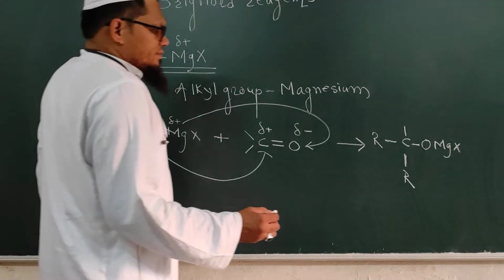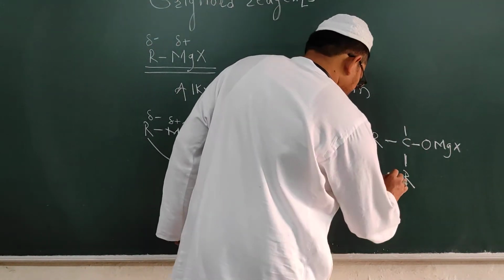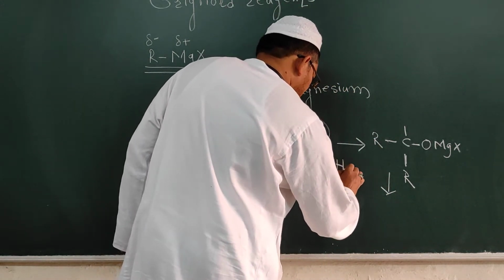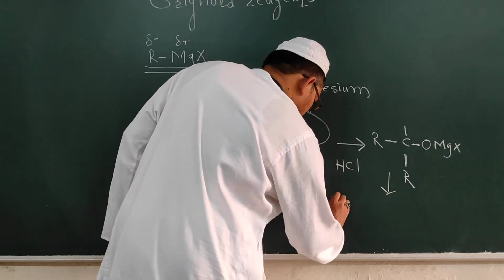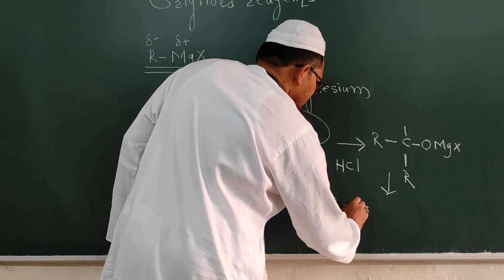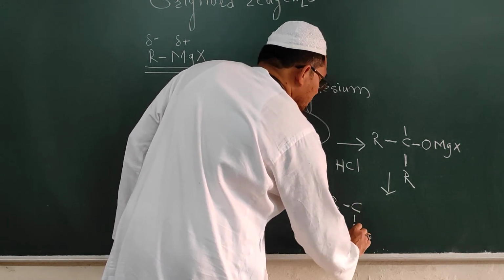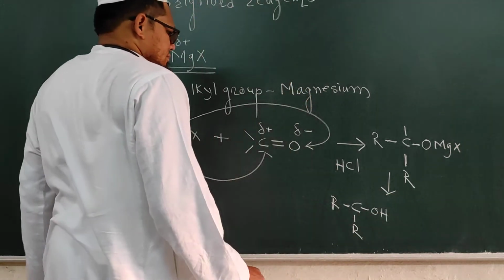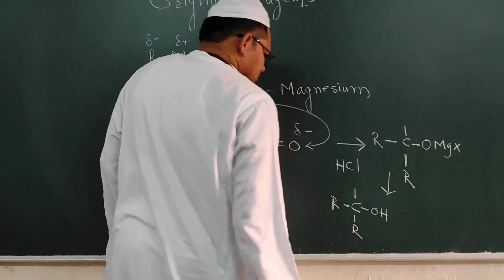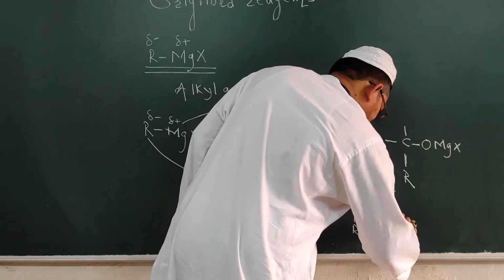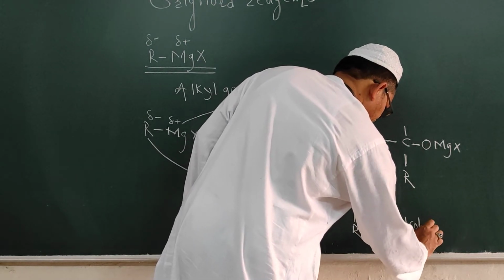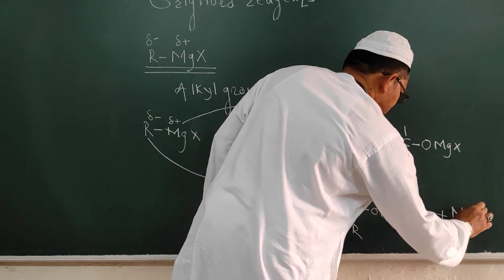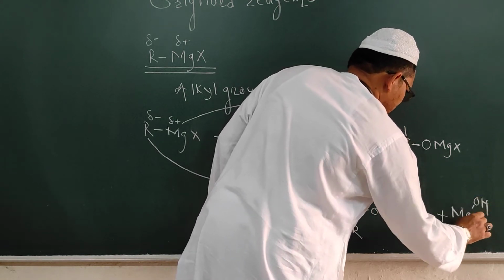Now, in the next step, this is hydrolyzed or decomposed with the help of HCl, so as to give ROH. This will be an alcohol, plus the remaining part is MgOH.